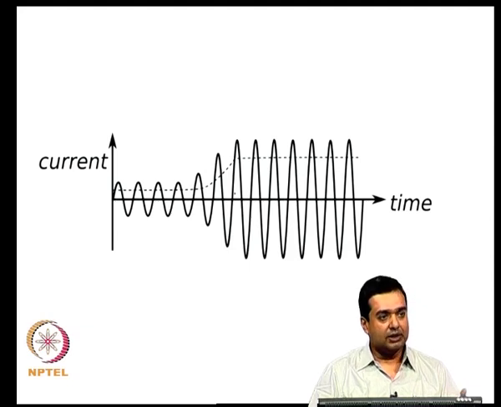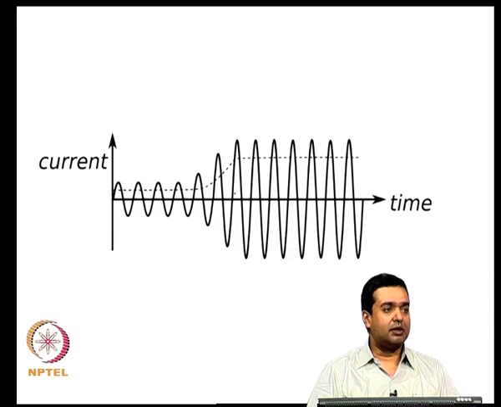When you are talking about instantaneous trip of a circuit breaker, you are talking about 1 to 3 cycles rather than microsecond level.